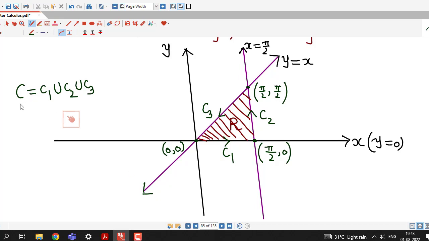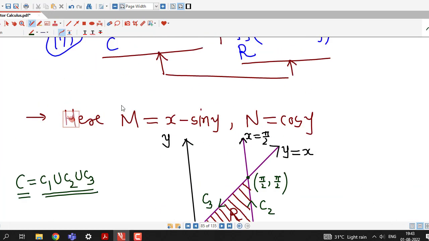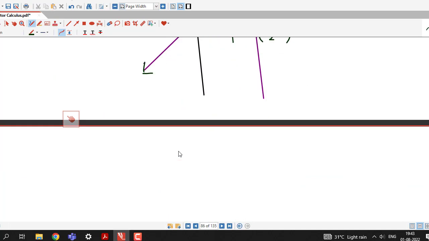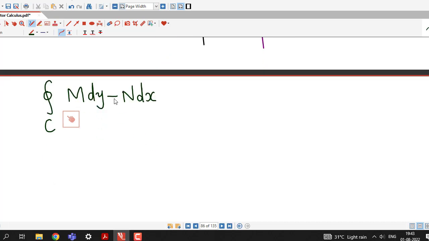So line integral along curve C will be equal to sum of line integrals along C1 plus along C2 and along C3. So first we find out value of line integral. Here we are using tangential form, so we will consider M dx plus N dy.